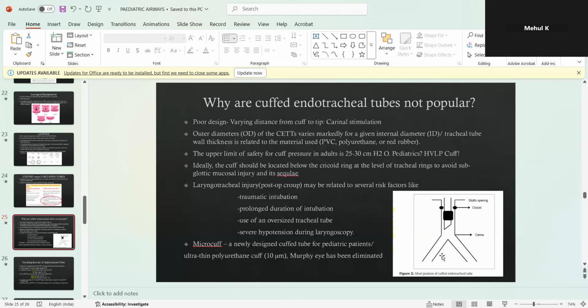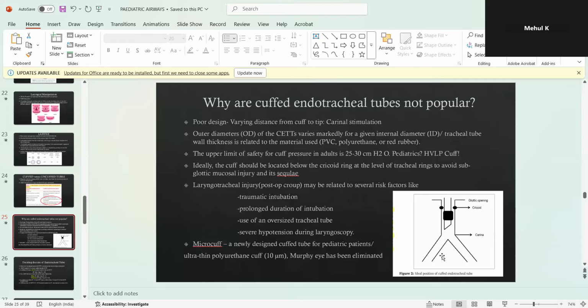The second issue is that the outer diameters of cuffed endotracheal tubes vary with the material, with the type of cuff, and with the manufacturer. So, laryngotracheal injury is common when using cuffed endotracheal tubes, but not when actually planned better.